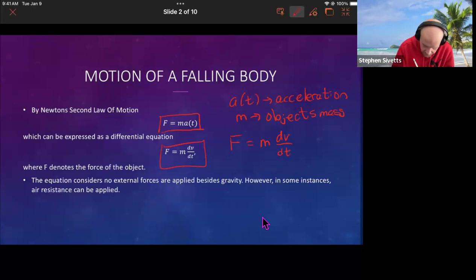F denotes the force on the object, and dv/dt is just the change in velocity with respect to time, so acceleration. This equation only considers that there are no external forces besides the gravitational force applied to an object falling towards the ground.